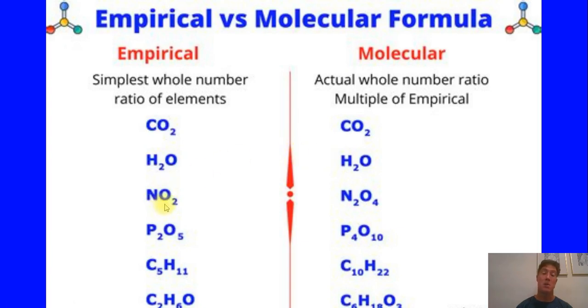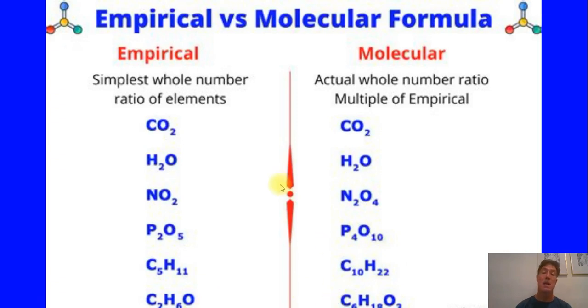But NO2 actually exists as N2O4. This is the empirical formula, P2O5, but it really exists as double that, as P4O10. Lowest whole number, C5H11, but actual, in reality, C10H22. C2H6O, but in reality, it exists as a triplet.